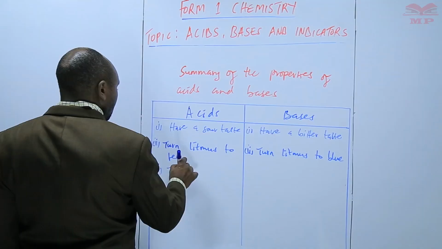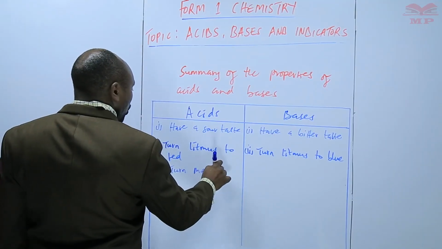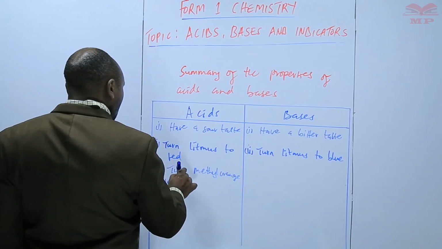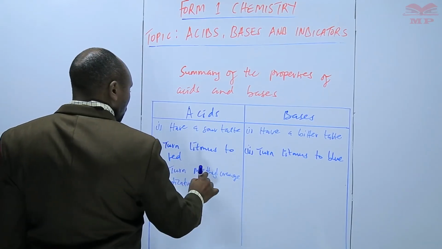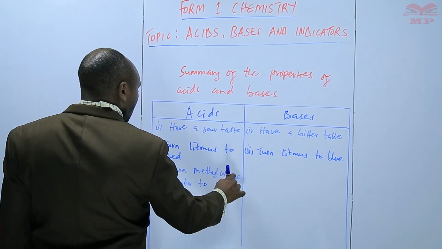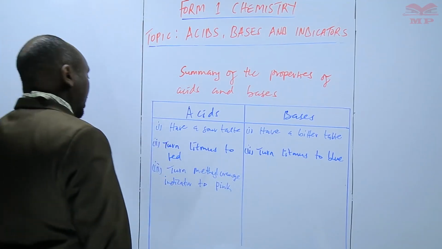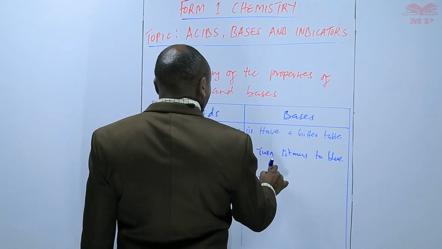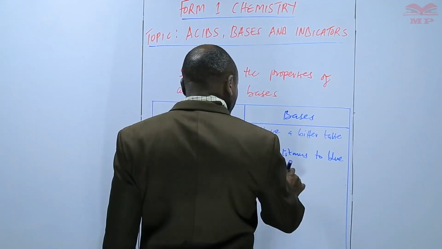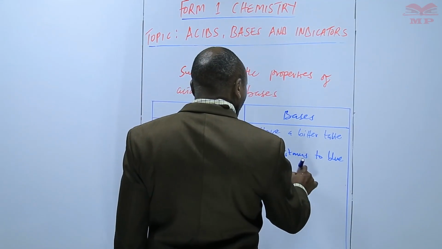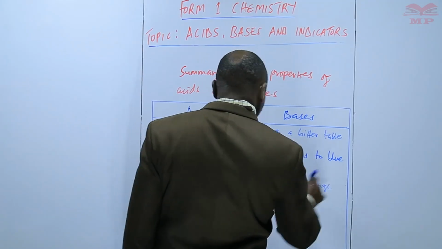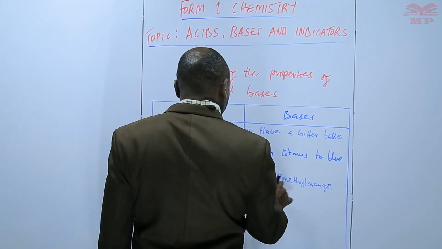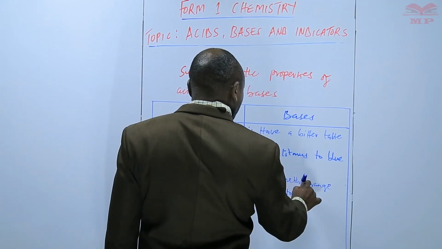Number three, acids turn methyl orange indicator to pink, while bases turn methyl orange indicator to yellow.